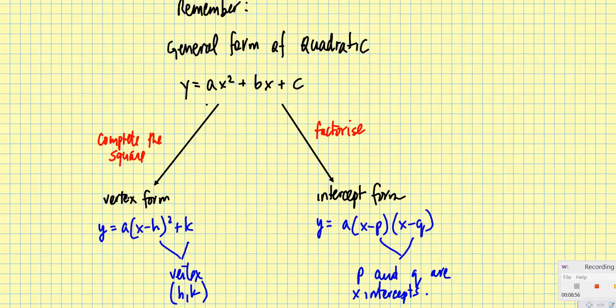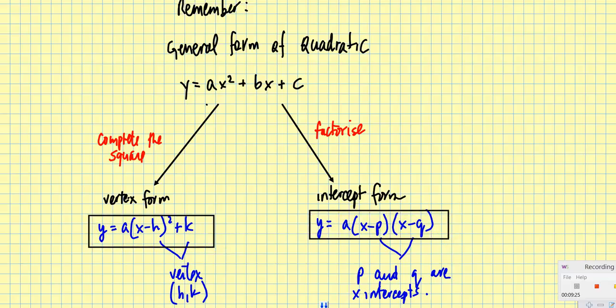And our general formula for the intercept form is, it's right here, I'm putting a box around it, y equals a times (x minus p) times (x minus q), where p and q turn out to be the x-intercepts, and our value of a is actually going to be still the same as our value of a that's found in the vertex form. It's still the vertical stretch.